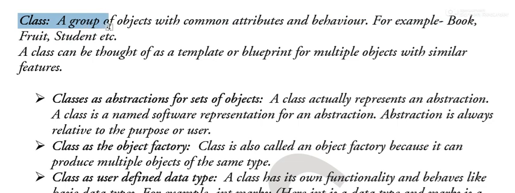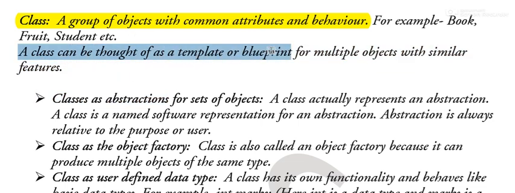Class. A class is a group of objects with common attributes and behavior. For example, book, fruit, a student, etc. Here book, fruit and student are the groups. Suppose a student group has common features of all the students, and a class can be thought of as a template or blueprint for multiple objects with similar features.